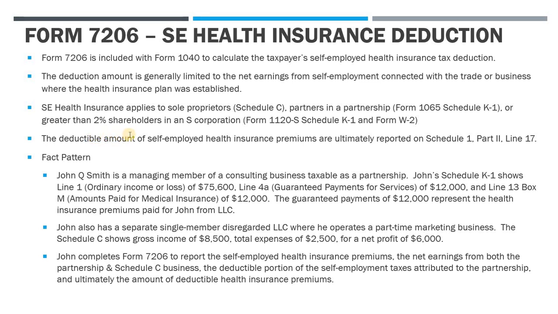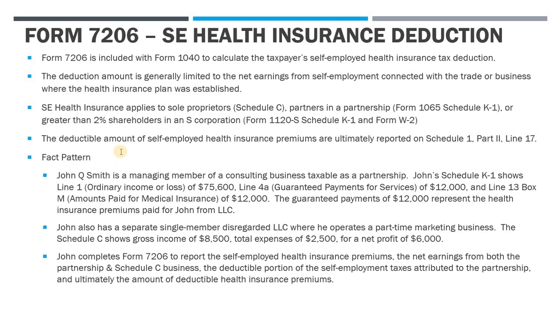So if you are a greater than 2% shareholder in an S corp, you'll have this information reported to you on the 1120S Schedule K1, and you'll get a Form W2. Right, so shareholders in an S corporation do receive a W2 as an employee, but when they calculate their deduction for health insurance, they're treated as if they're self-employed, so very similar to partners in a partnership.